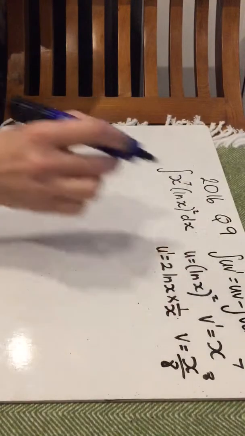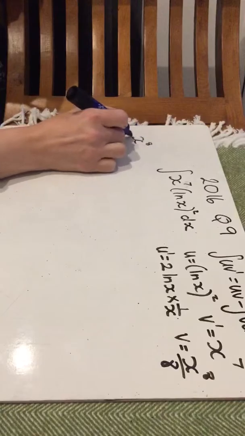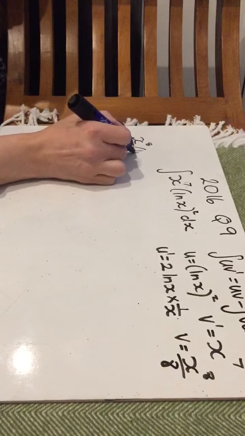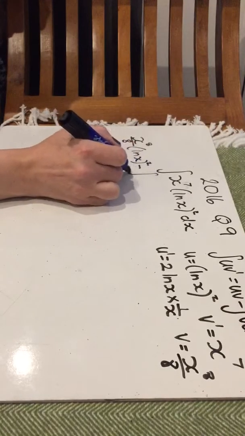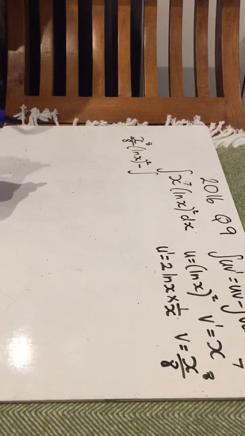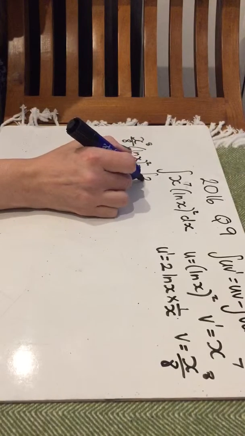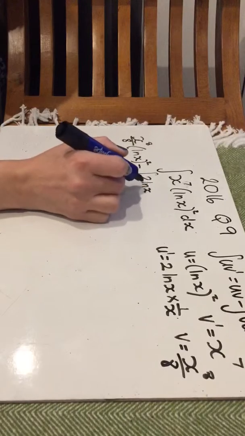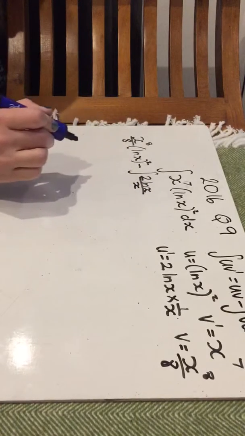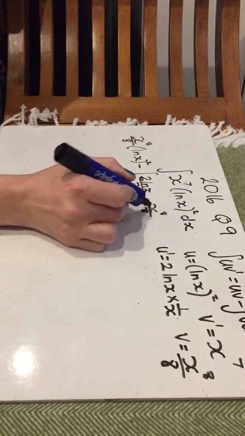So putting that into the formula, uv would be x to the 8 over 8 log x squared, minus the integral of vu dash. So when we do that, we're going to have 2 log x over x, if we think of it like that, times x to the 8 over 8.